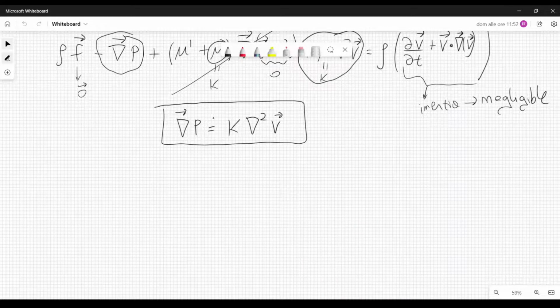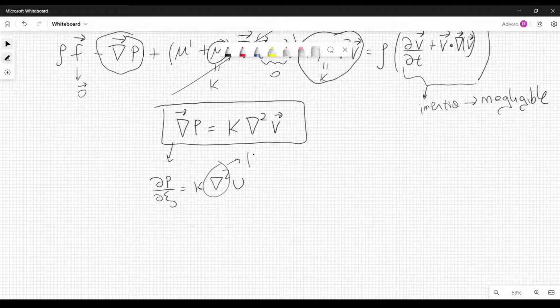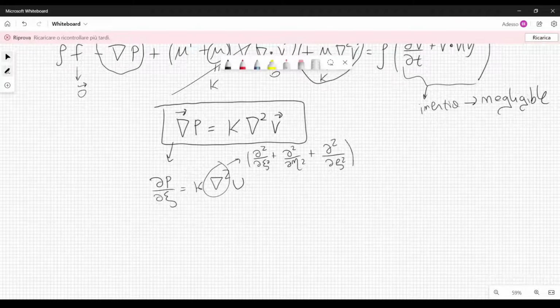And therefore, let's rewrite this equation in the three components. So we have dp/dxi equal to k times the Laplacian of u, the first component of the velocity. The Laplacian is simply this operator here, d squared/dxi squared plus d squared/d eta squared plus d squared/d zeta squared.